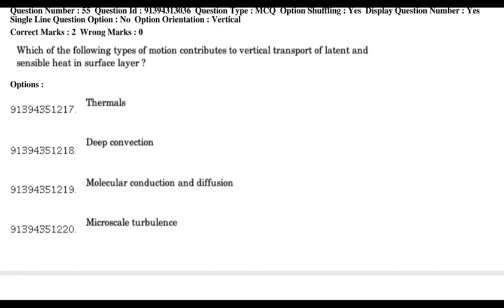Which of the following types of motion contributes to vertical transport of latent and sensible heat in surface layer? The right answer is microscale turbulence.